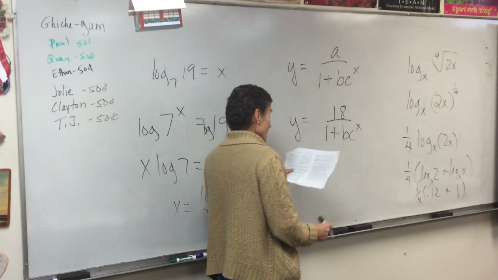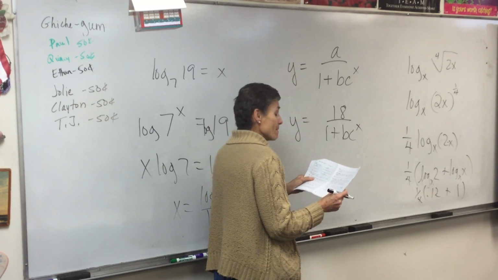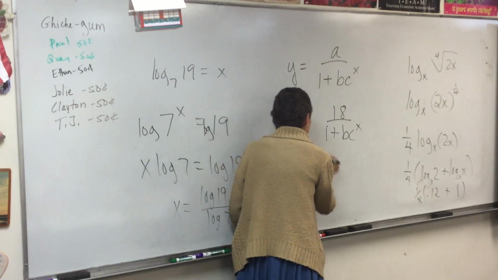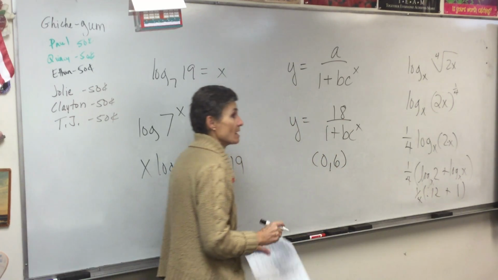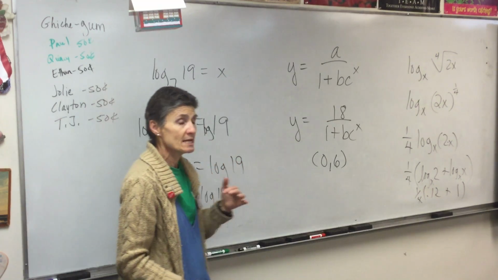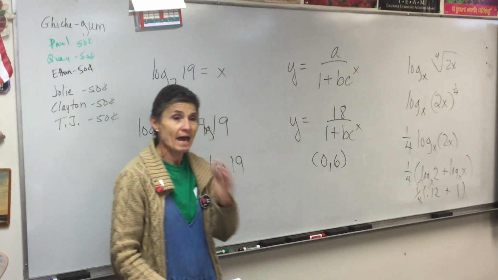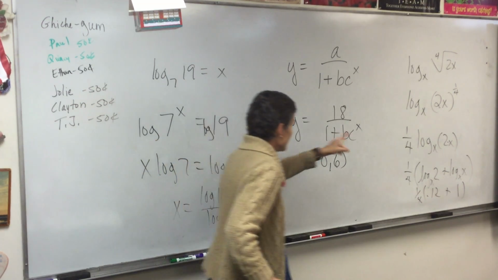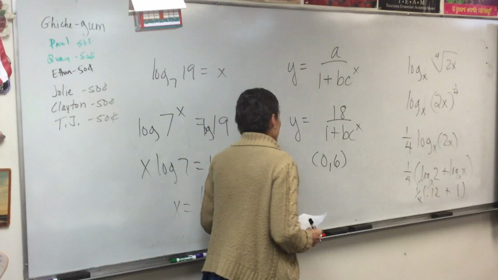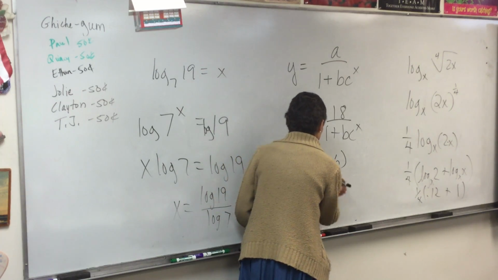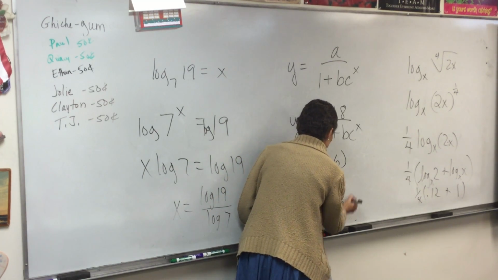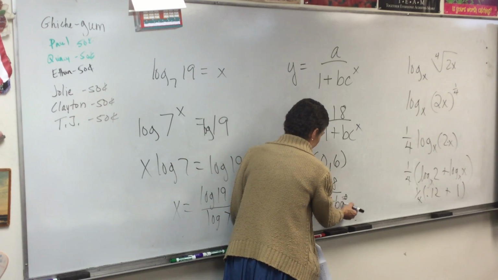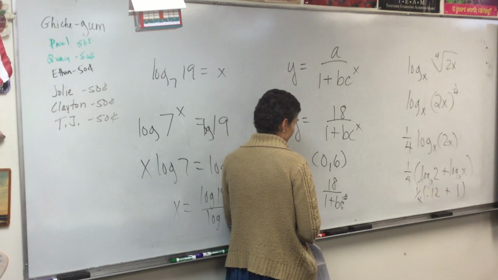And when I plug in my initial value, I remember that an initial value of 6 means 0,6. Initial value means the value of y when x is 0, or when t is 0. So I plug that point in. And the good news is, this is 1, so I can kind of ignore that.